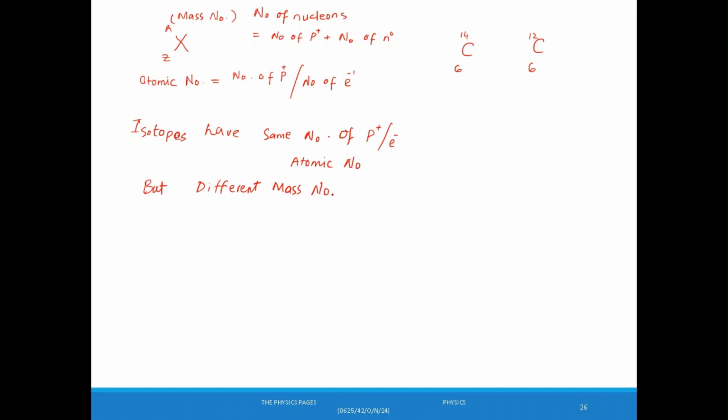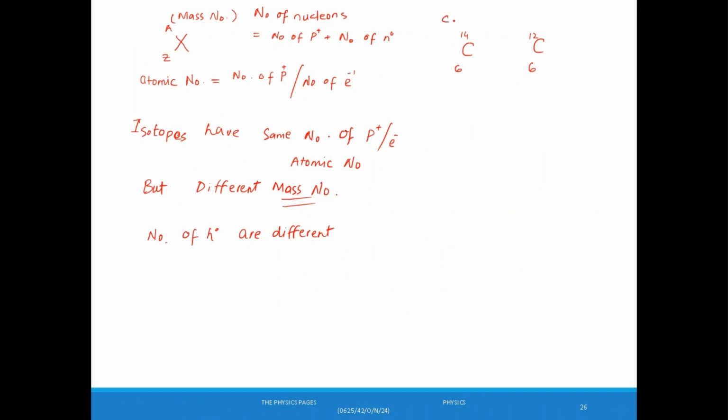So we can say they will differ only in the number of neutrons. These are two isotopes of carbon.